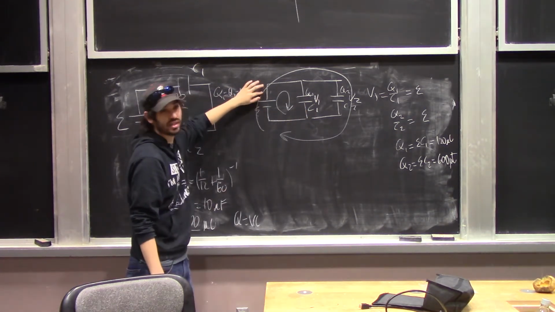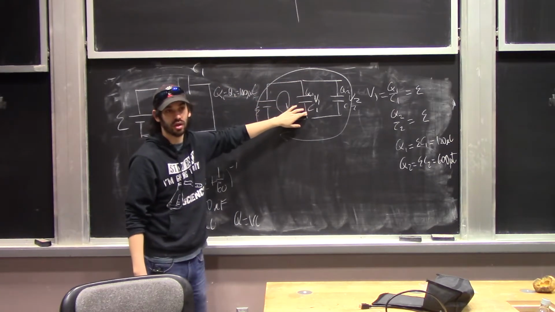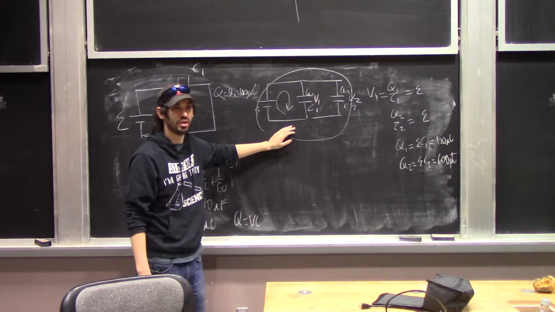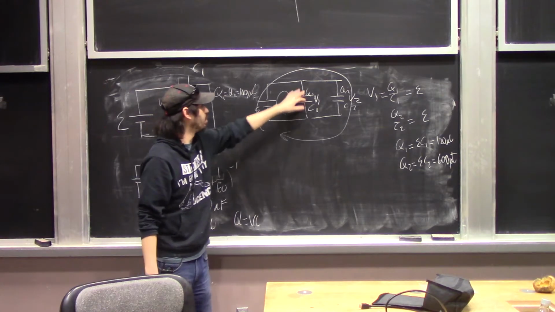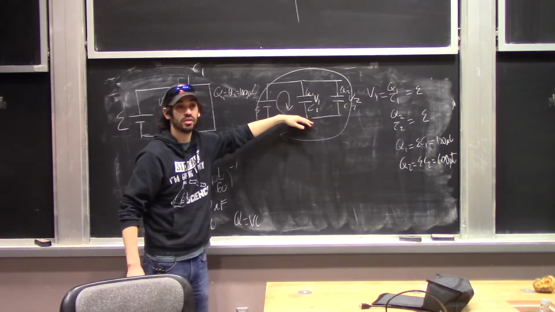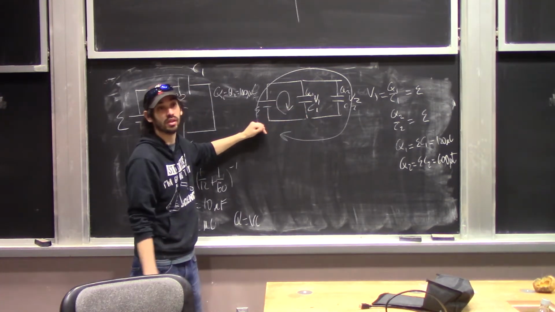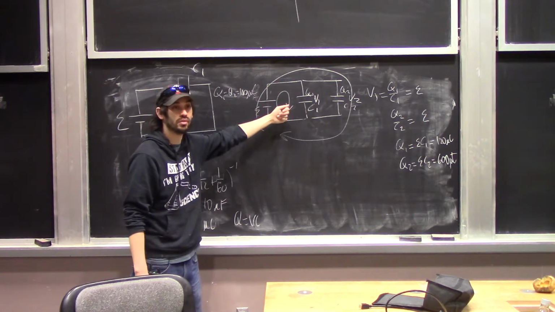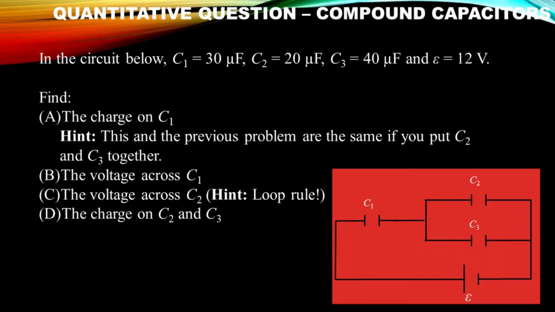So increase by 10, decrease by some unknown amount is equal to 0. And so whatever this decrease in electric potential is here, it needs to be the same as the increase, and that increase was 10 volts. Yeah. Okay? Other questions?